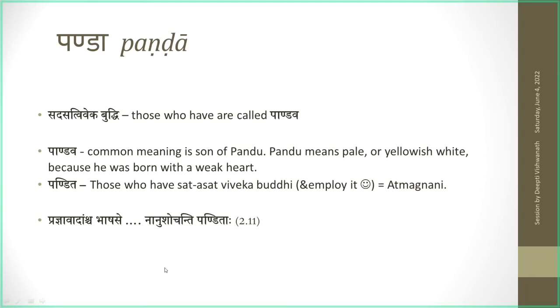Who are the wise people? Panda. Who was Panda? Sat asat viveka buddhi. If you really have sat asat viveka buddhi, then you know what is born will go. What is manifest has to be unmanifest. It is a change.